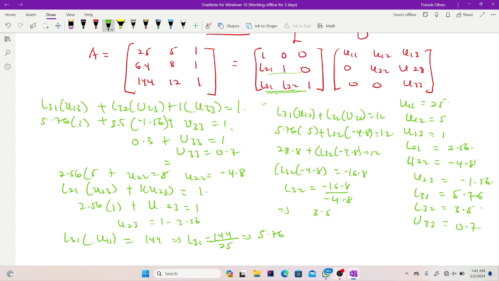And that gives us the entries of the various components here. So I can move ahead to write my decomposed form LU by simply substituting what I have here.